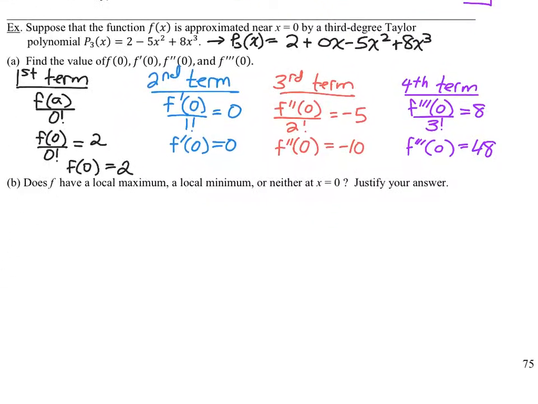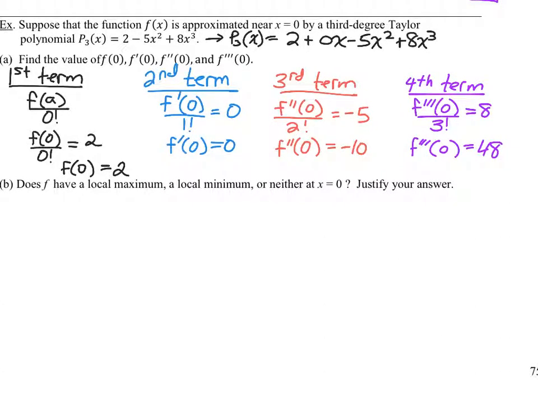Just pulling coefficients, assuming that you made this deduction first, you could just pull the coefficients for the first and second terms because the denominators are equal to 1. They're not impacted by the factorials. But once you get past the second term, the third, fourth, and so on, they will be impacted by your factorial denominator.